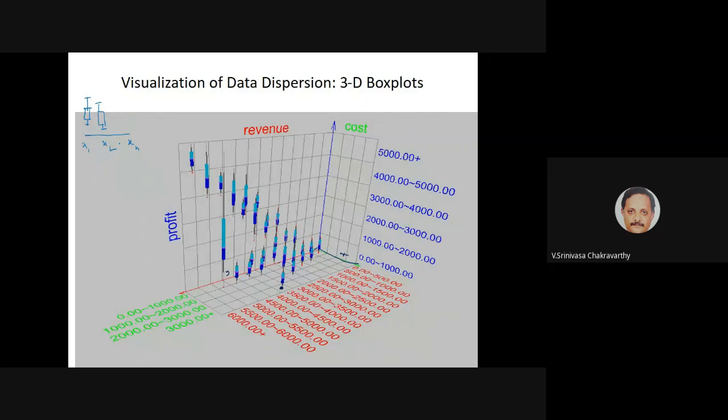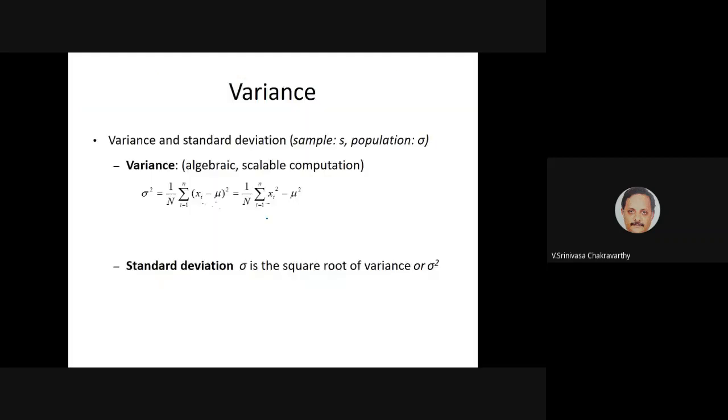Okay, so a bunch of boxes if you have n variables. And you can also have a 3D box plot to look like a forest basically, right? Which is what is shown here. So this is a 2D set of variables, and then for every variable you have a box plot.